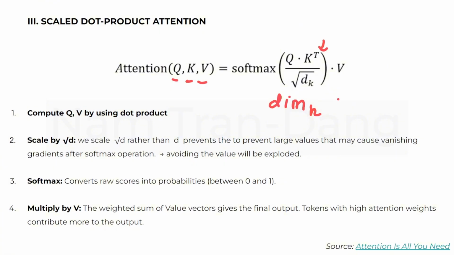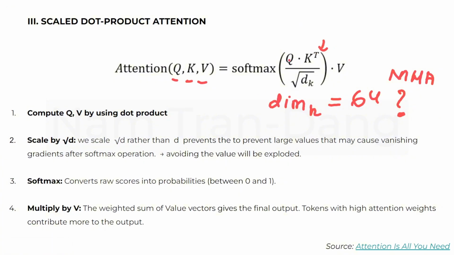Actually, we can, because in the paper they set the dimension for each one to be 64. The reason why 64 is used we will discuss in the multi-head attention later. But here we can understand that we will use a dimension of 64.